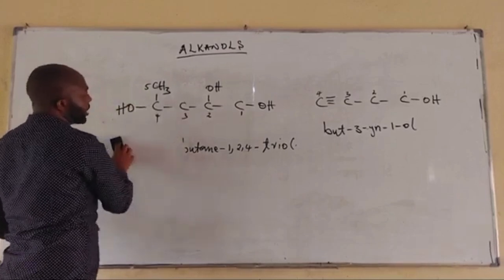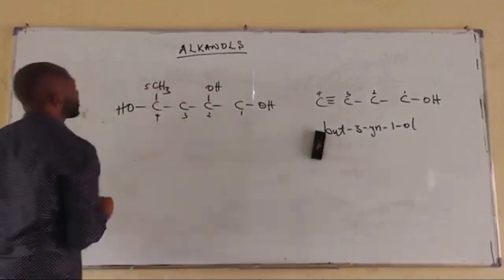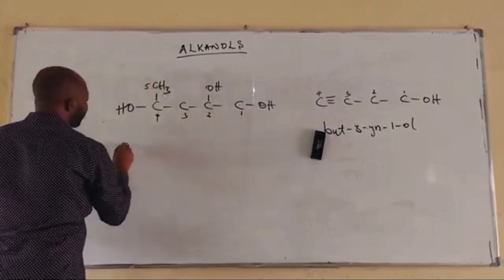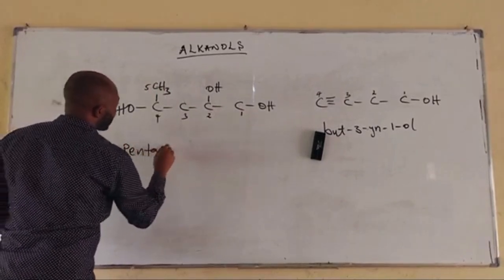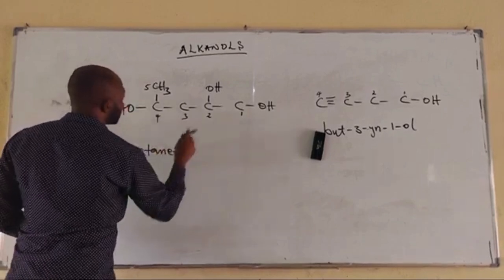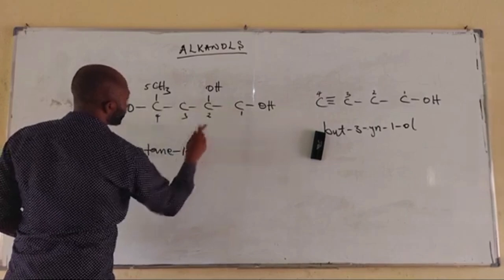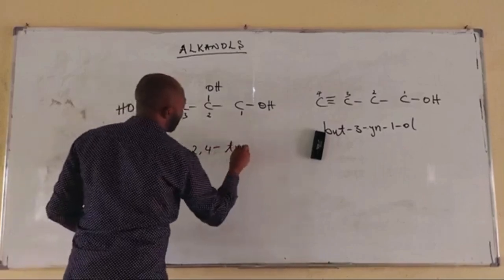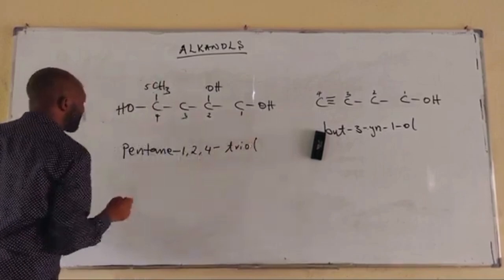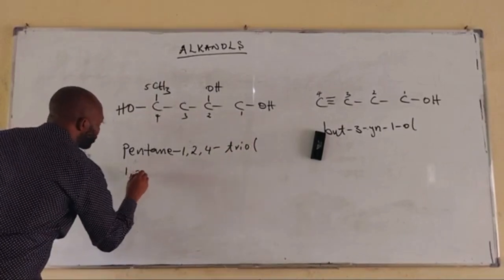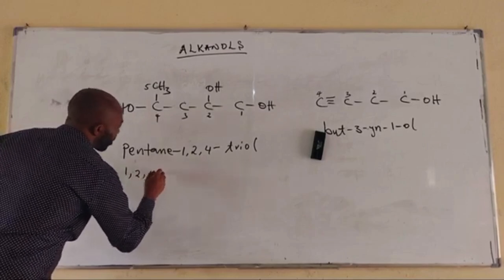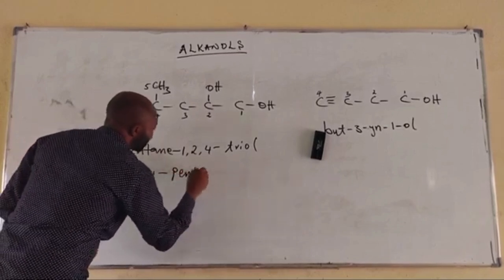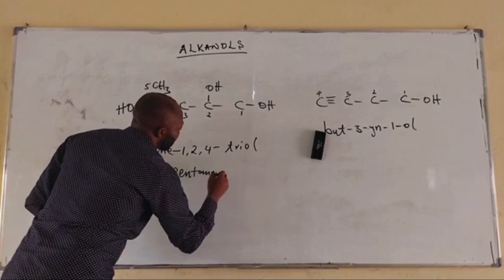So it becomes pentane. In short, let me write it again. It is 1, 2, 3, 4, 5, pentane 1, 2, 4 triol.